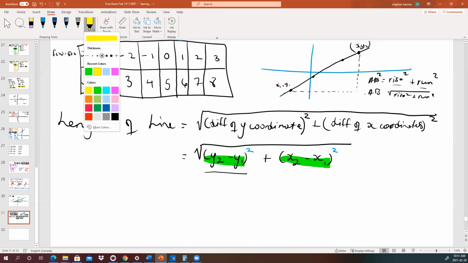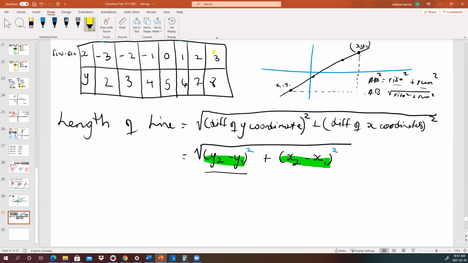I'm going to use 2 different points, right? So I'm going to use these points over here. So that will be my 2's. And I'm going to use this point over here, right? So now it's 2 different points, but they're on the same line, right?